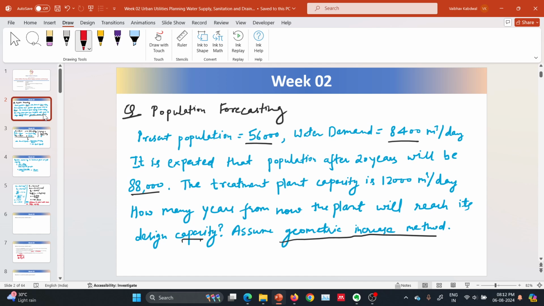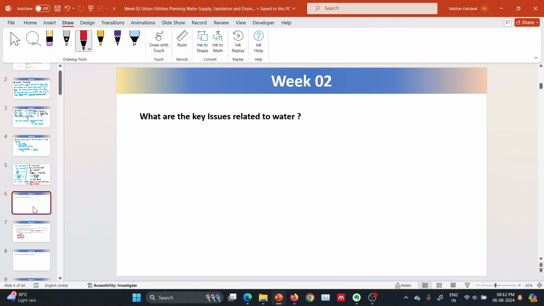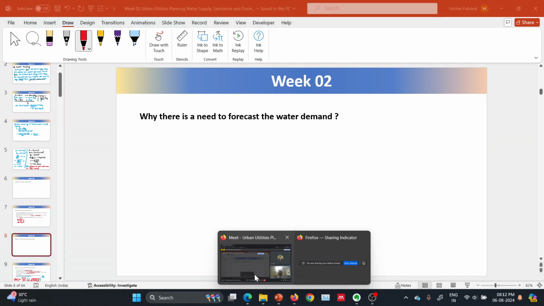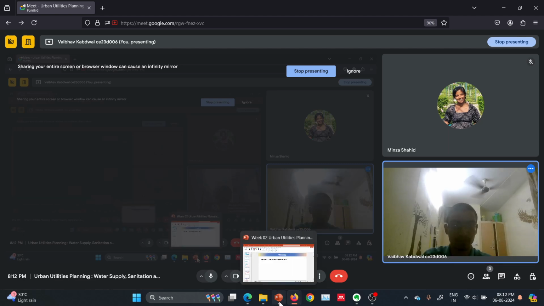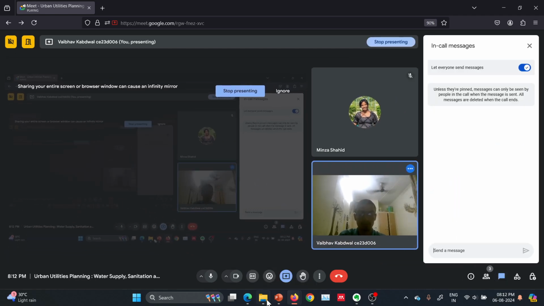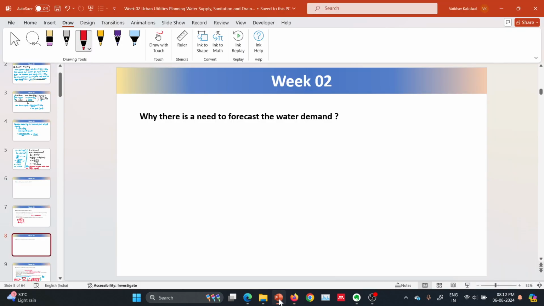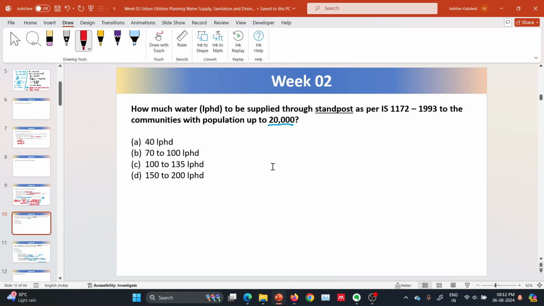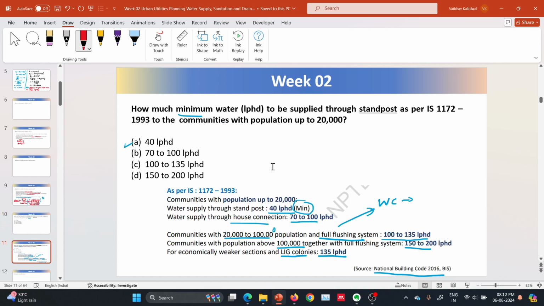So we solved a problem related to the population forecasting, and we went through the key issue related to the water, and then we understood why there is a need to forecast the water demand and how much water is required as per IS 1172.